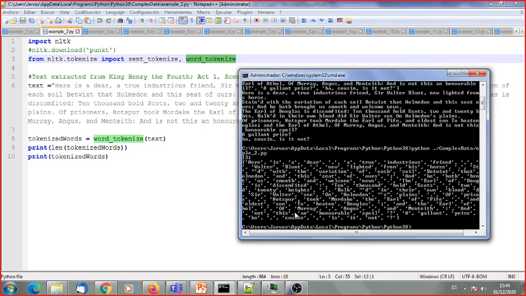As you can see, how many tokens did you find? 141. Okay. And what are your tokens? Words? Only words? Yes, I think it's all words. Ah, no, I have comma and dot too.